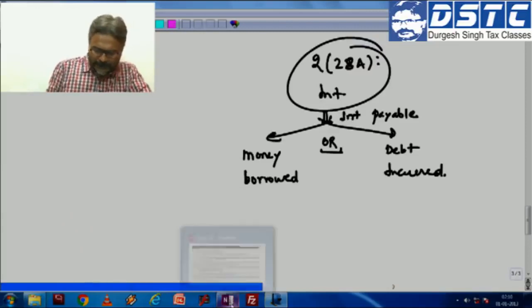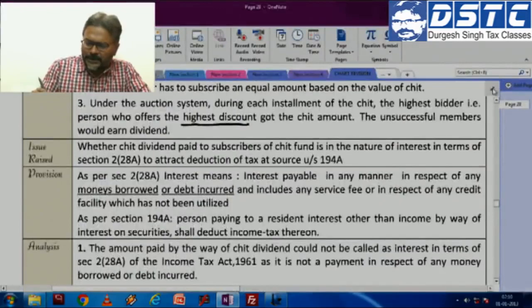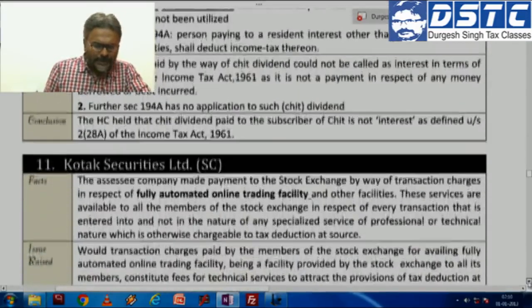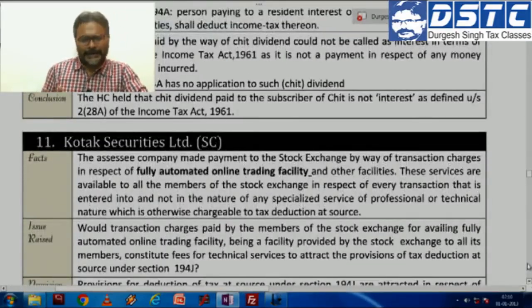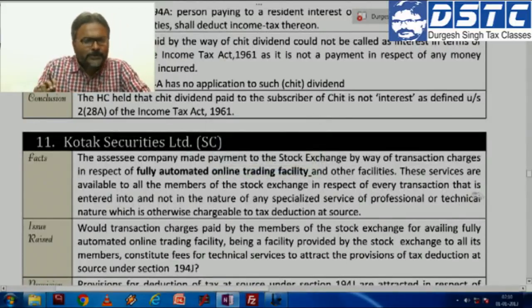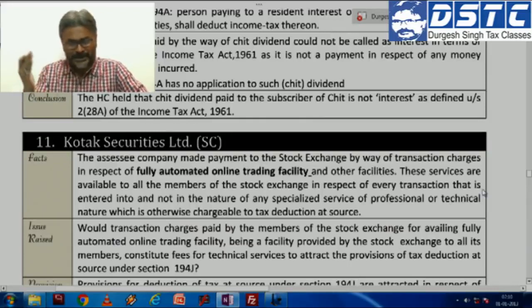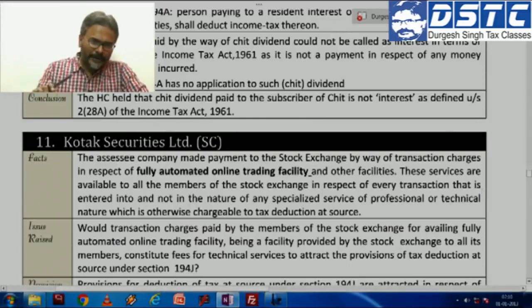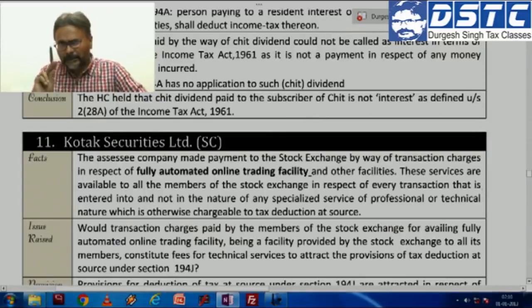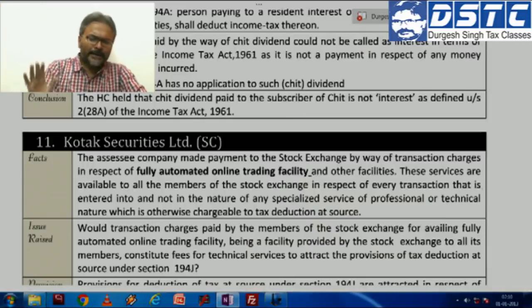Now with this one, the next particular judgment as well, if you have a look, Kotak Securities, this is about fees for technical service. Students, this was a case wherein the company, Kotak Securities Limited, was making the payment to the stock exchange for the fully automated online trading facility.